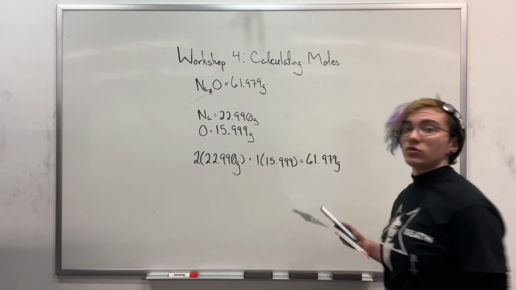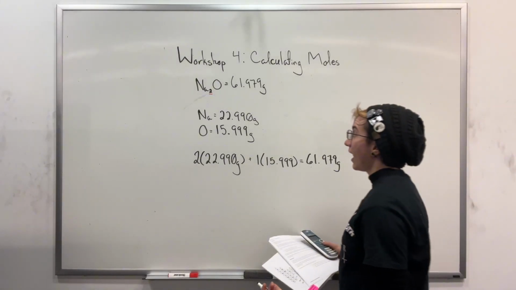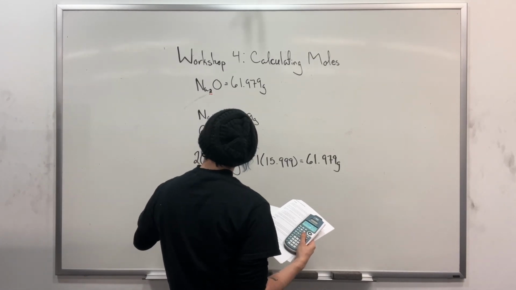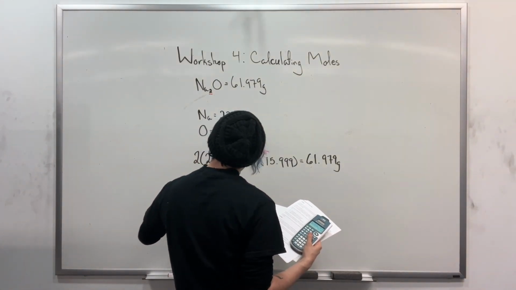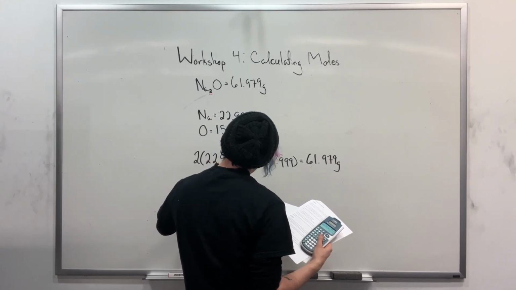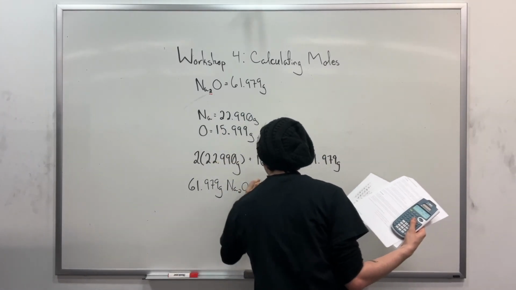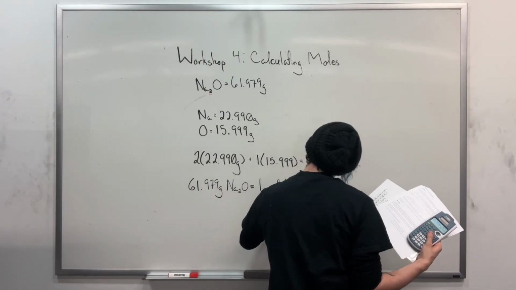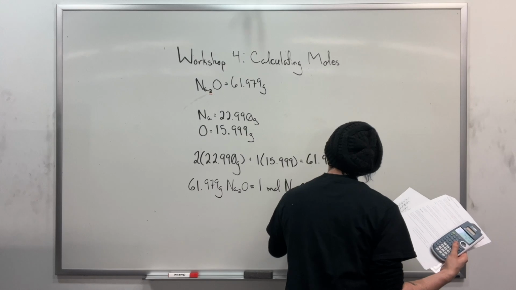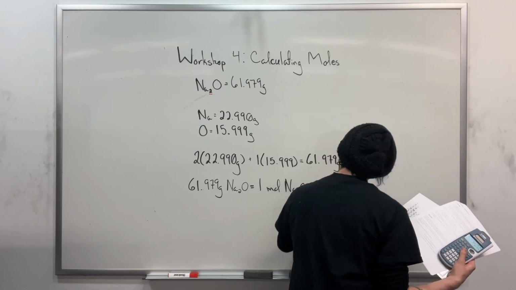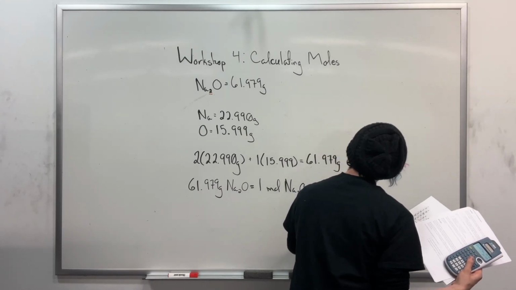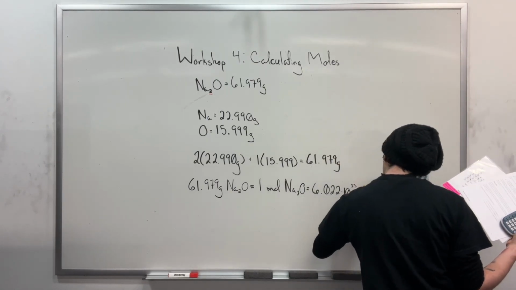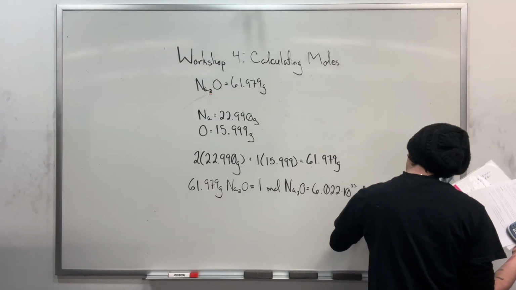And so, using the same rules that we did before when we just had atoms, if I have 61.979 grams of sodium oxide, that means I have 1 mole of sodium oxide, and I have 6.022 times 10 to the 23rd atoms of sodium oxide.